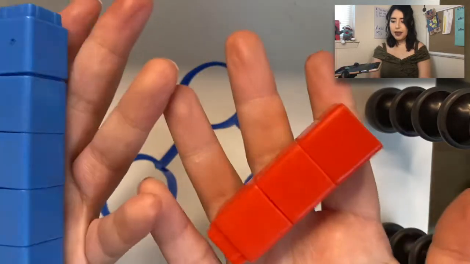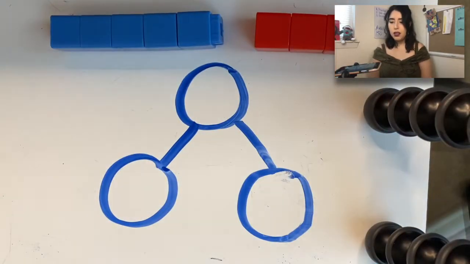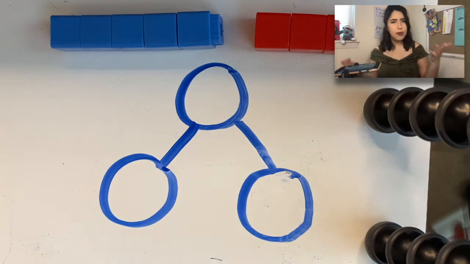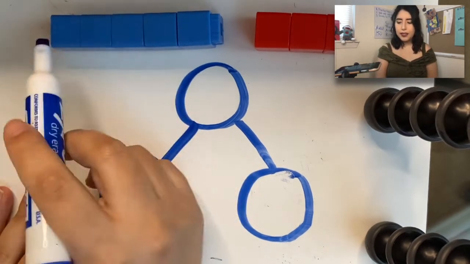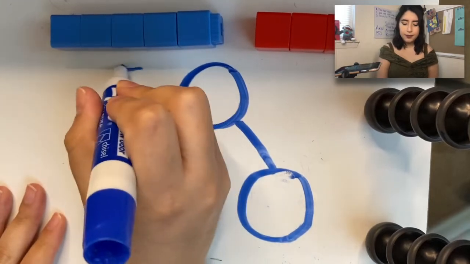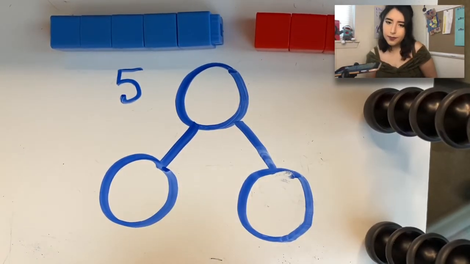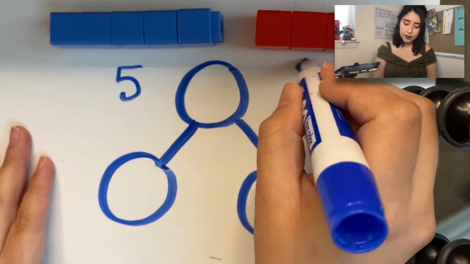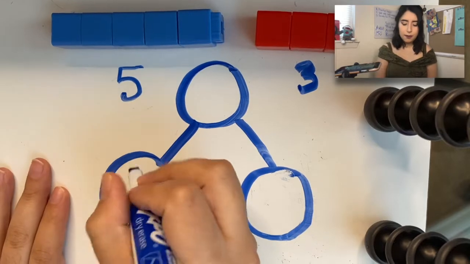So if I snap it like that, what would our number bond be? What would our parts be? This side has 5. And what about this side? 3. So those are our parts.